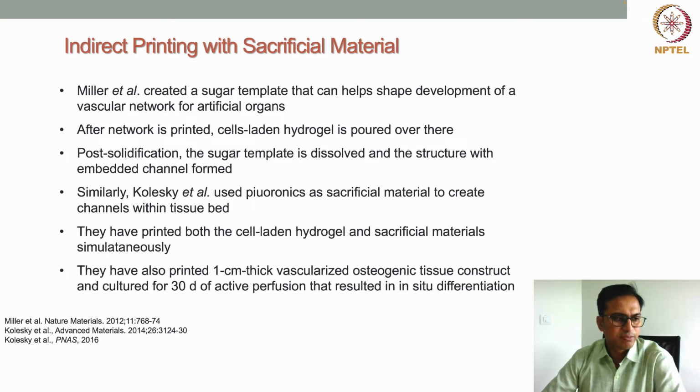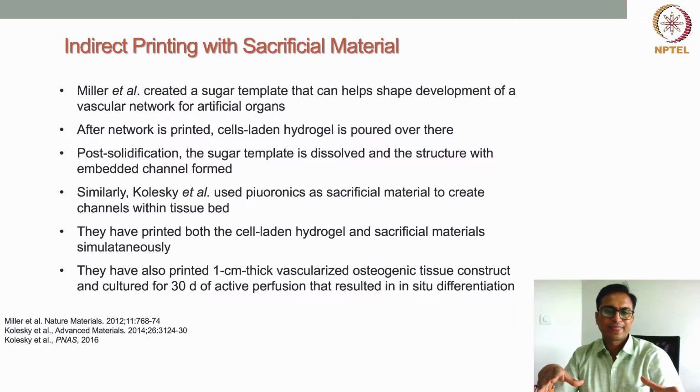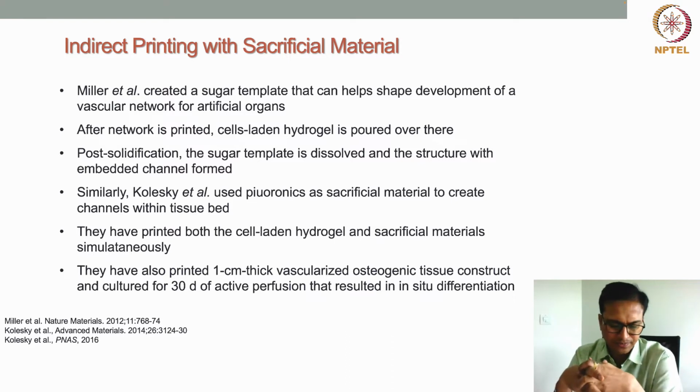With this concept, we can create channels, blood vessel-like structures, in a tissue block or in a cell-laden hydrogel, and then that channel can work like a channel embedded in a tissue bed.